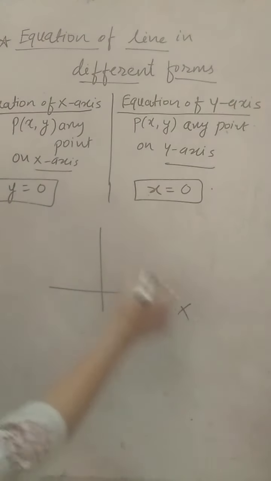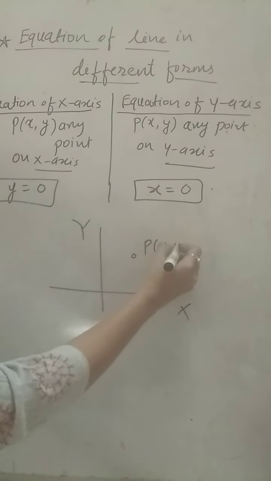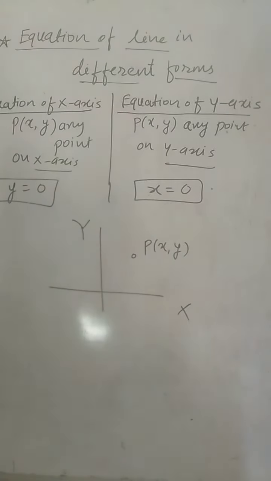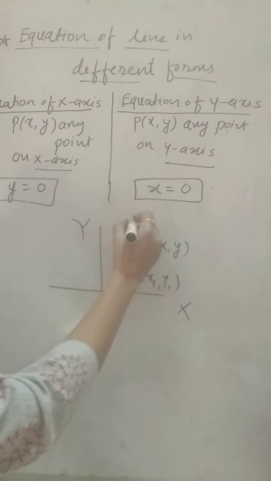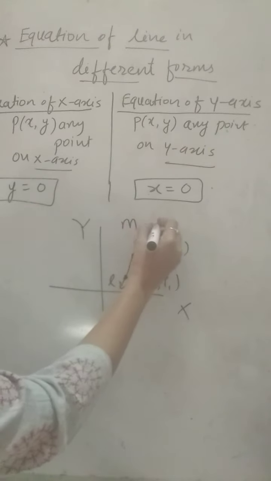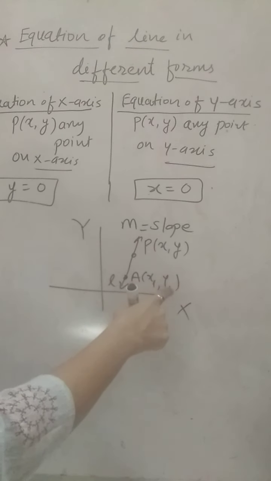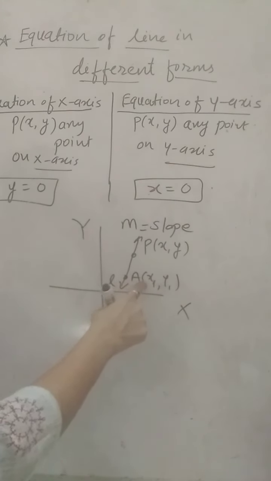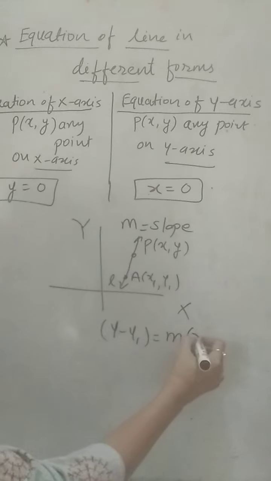Now, if we consider the x-axis, y-axis, and any point P(x, y), and here we have to find the equation of the line. If a line L has slope m and passes through the point A(x1, y1), its equation is y minus y1 equal to m into (x minus x1).